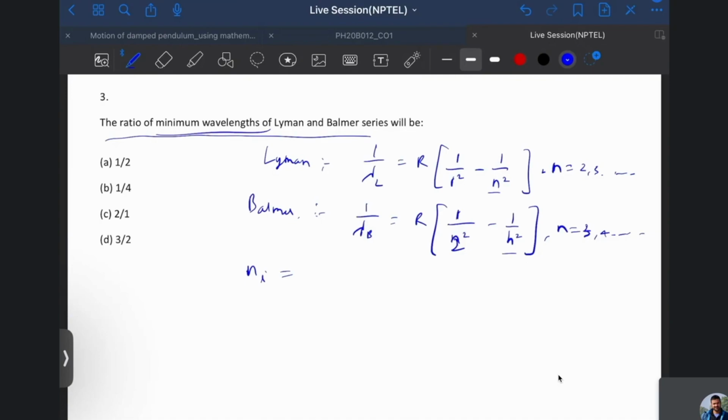Yes, sir. I'm not asking for the answer, I'm asking what will be the initial state to have the minimum wavelength? What will be the n here in both cases?